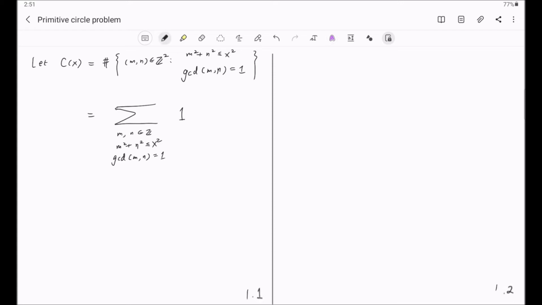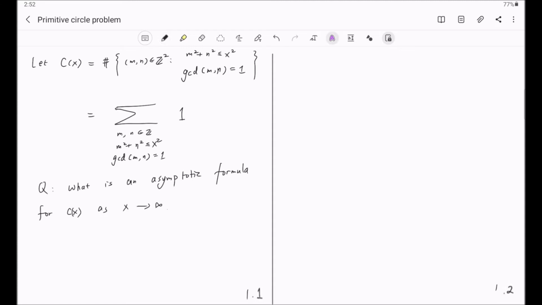So the question would be, what is an asymptotic formula for c of x as x becomes large?